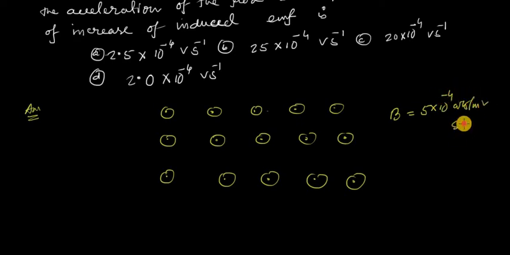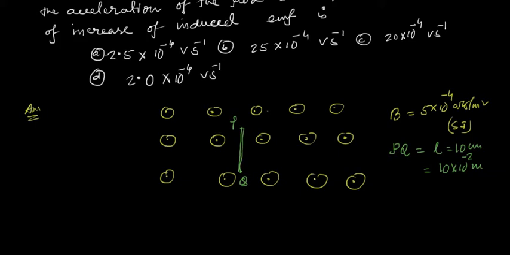This is in SI. Okay, now suppose we have a conductor. This is PQ, the conductor. The length of that conductor PQ is L, which is 10 centimeter, and in SI we write this as 10 into 10 to the power minus 2 meter.